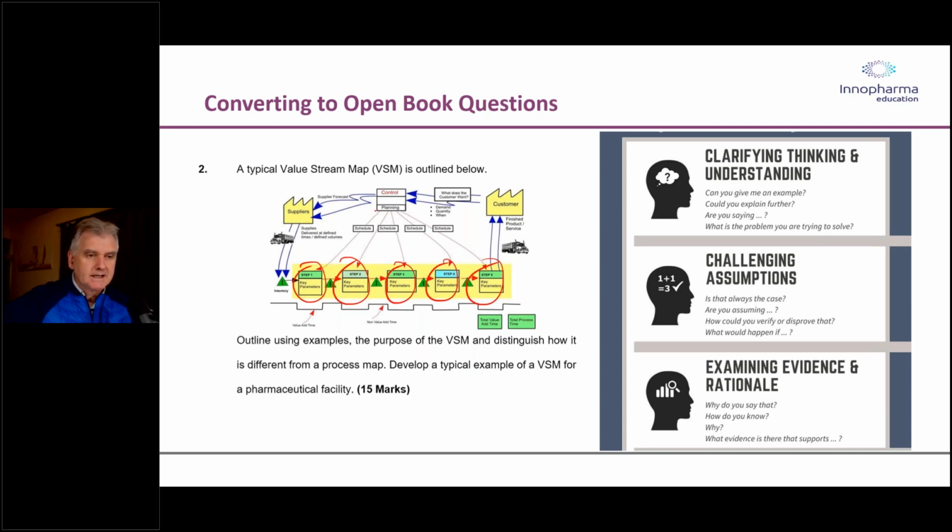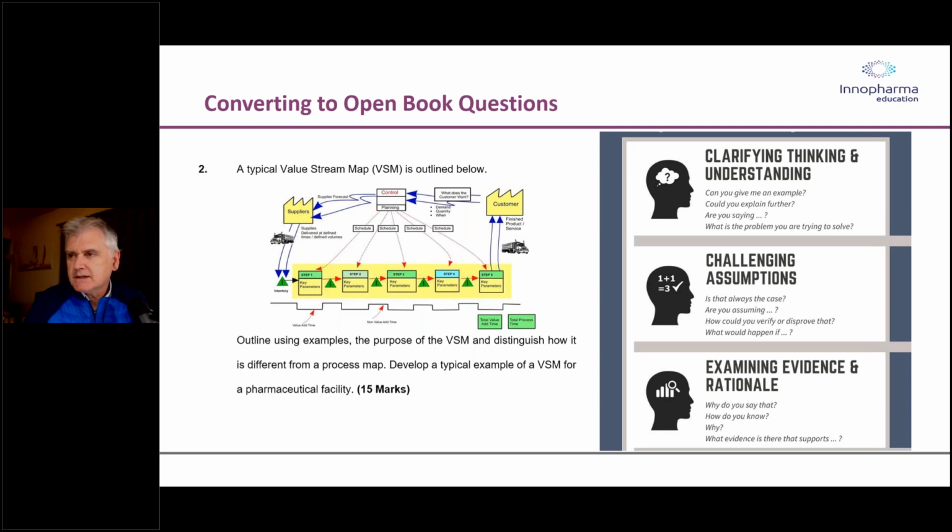But I suppose what I would do there is ask something more around interpreting how you could use this, for example, to drive improvement. What would you measure? It's more about the application of it. That would be the idea.